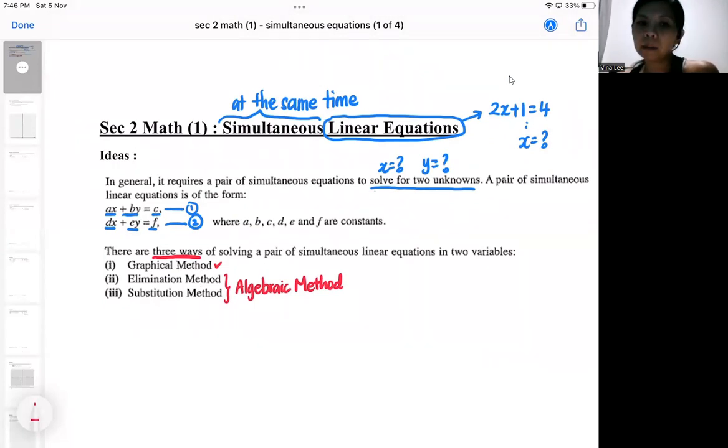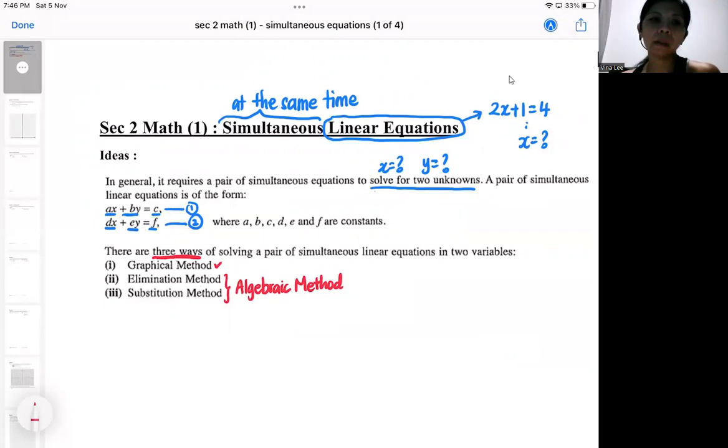There are three methods: graphical method, elimination method, and substitution method. I'll be showing you each of the methods. You are required to know all the methods. You cannot say that you do not like this method and you're not going to do it. There's no such thing. You have to be very fluent, and it should be 100% accuracy for the method.